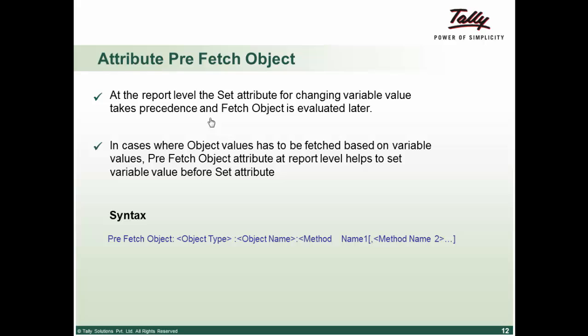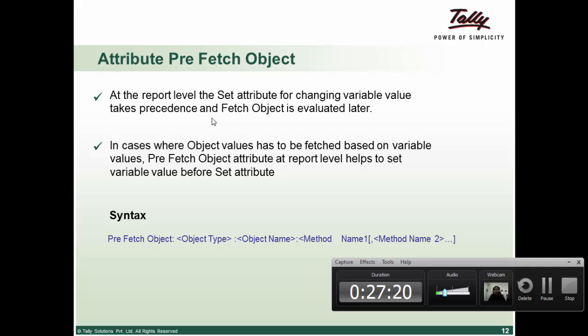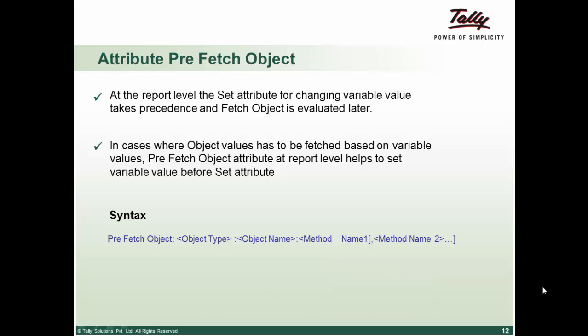Then we have a very specific attribute called prefetch object. Now we just did a fetch object, so why would I require a prefetch object when my object can be fetched with the help of a fetch object? Why would I use a prefetch object in any case? Let me give you one simple example.